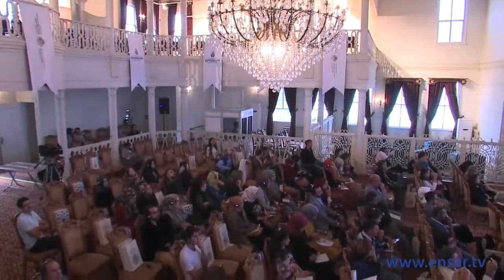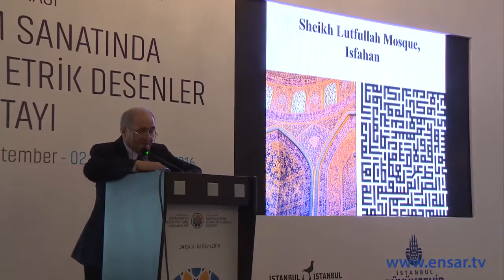In some architectural monuments, some surahs and verses from the Holy Quran are constituted in a square with cubic writing. For example, I can show Fatiha Surah in Lutfullah Masjid.